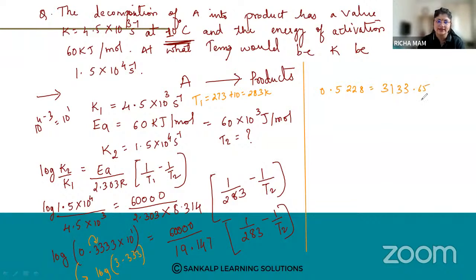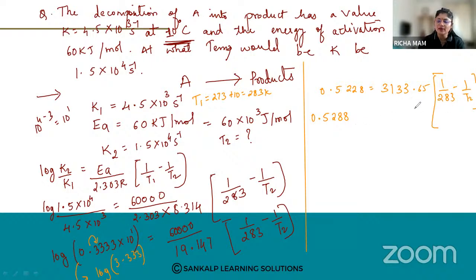3133.65. Okay, good. So divided by 1 by 283 minus 1 by T2. Now what is the next step? 0.5228.